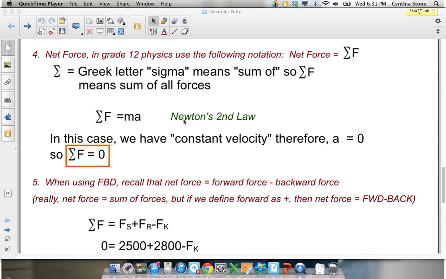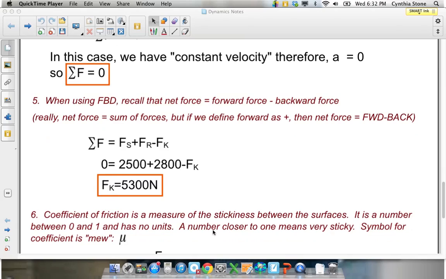So net force is mass times acceleration, from grade 11, Newton's second law. Because we have constant velocity, our acceleration is 0, so net force is 0. So that's easy.